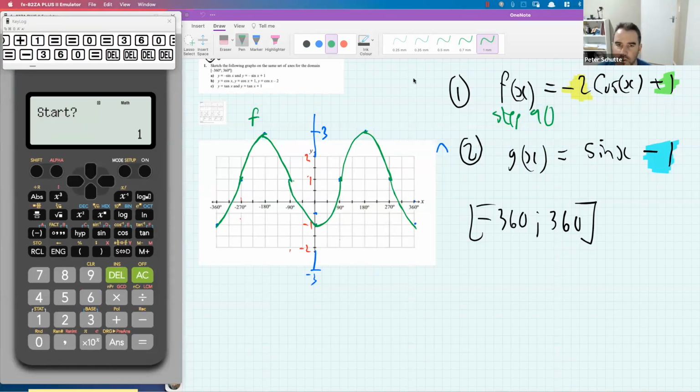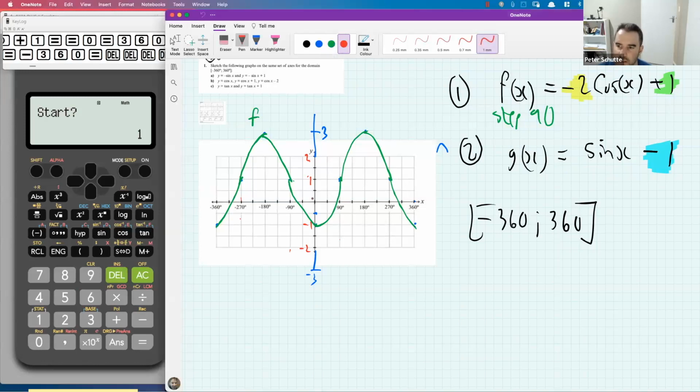I'm going to do this on my own. I know that the sine graph would now go between basically here and here. The reason is the whole graph is just shifted down by 1 unit. So I'm just going to draw this from memory. All I know is that the graph is going to look like that.